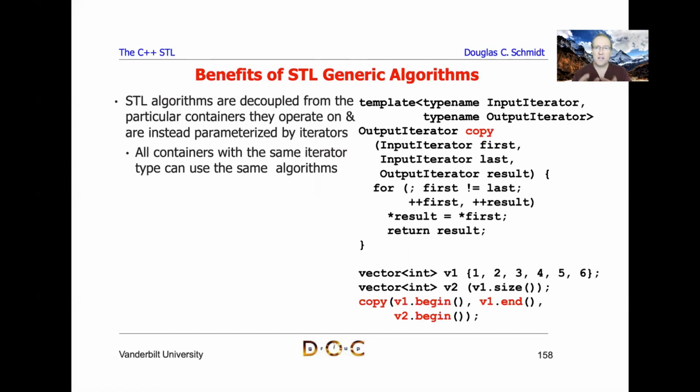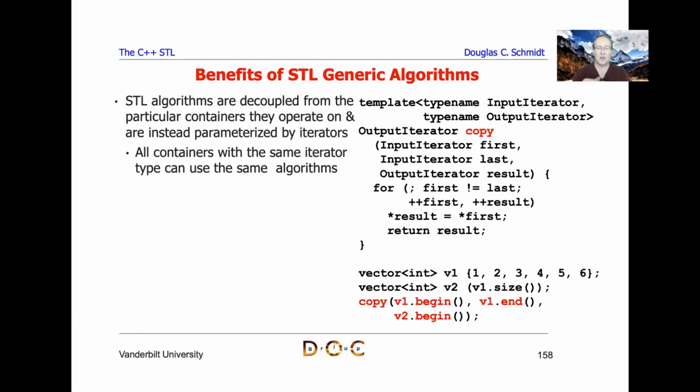So let's finish up the discussion of STL by giving a brief overview of why this is good, and then we'll launch into lots of examples. One of the cool things about STL is that the algorithms decouple from the containers they operate on, and they don't actually know anything about the containers. They only know about iterators. So all the containers with the same iterator type can use the same algorithms. Here you can see that we've got copy being used on a vector.